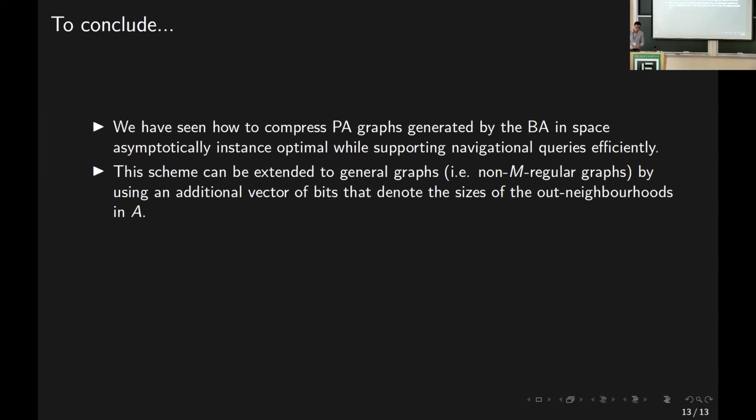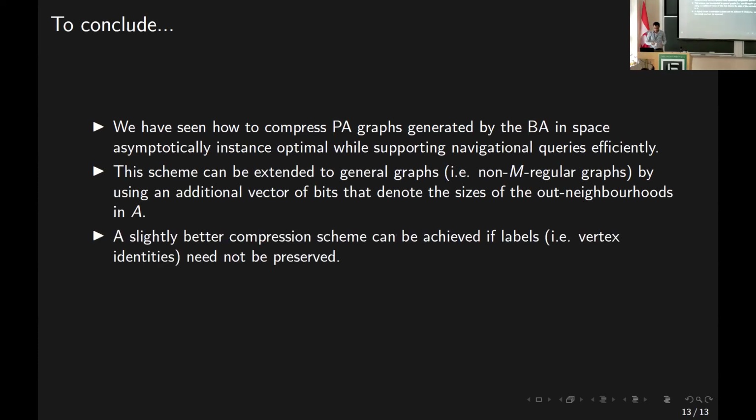Unfortunately, in the interest of time, I can't really stress much on this, but I will be happy to talk about this later. A slightly better compression scheme can be achieved if you don't care about the labels. If you are okay with relabeling the vertices, you can even improve space by a little bit, and that's it.